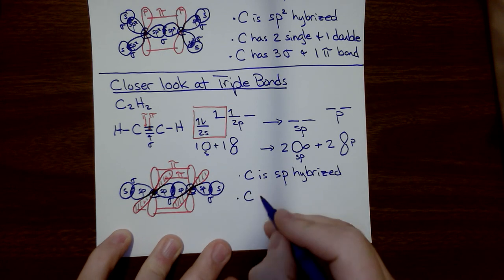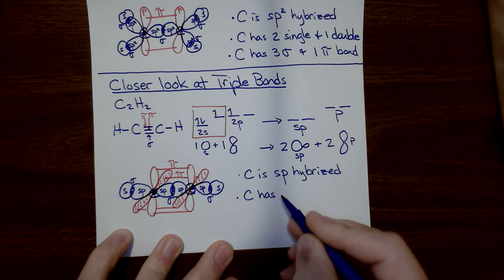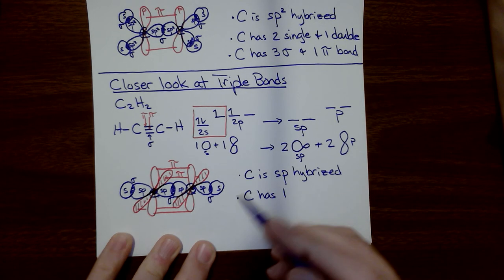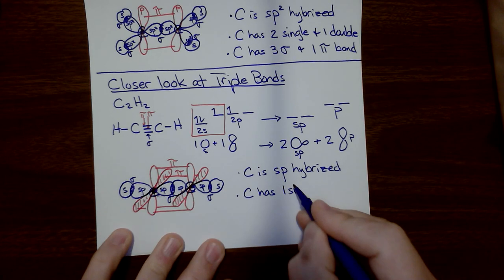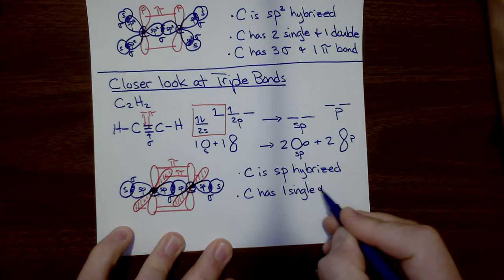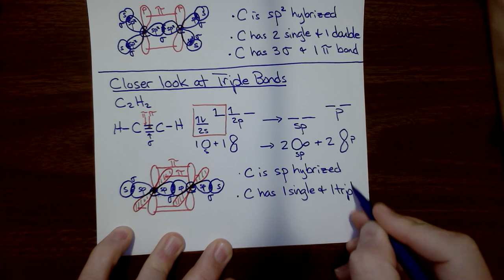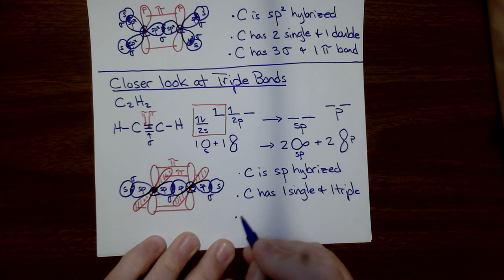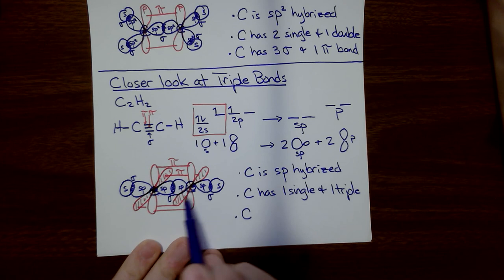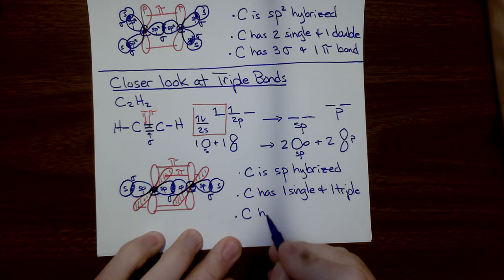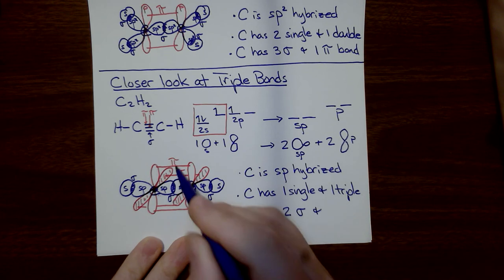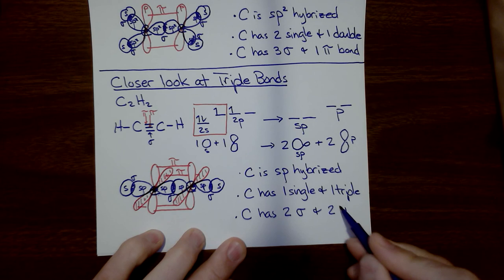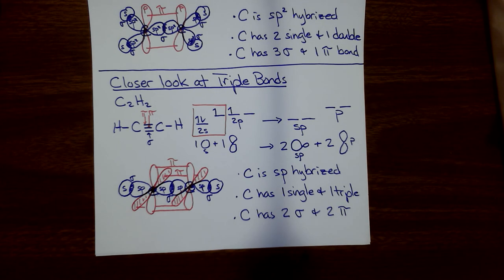Carbon has one single bond and one triple bond. And then as far as sigma and pi, we have 2 sigmas and 2 pi bonds. So that is how we form single, double, and triple bonds.